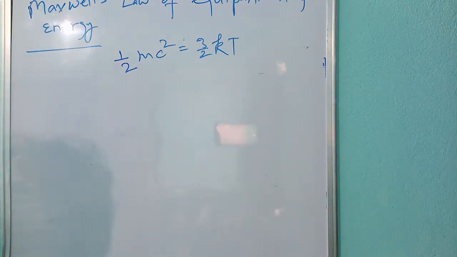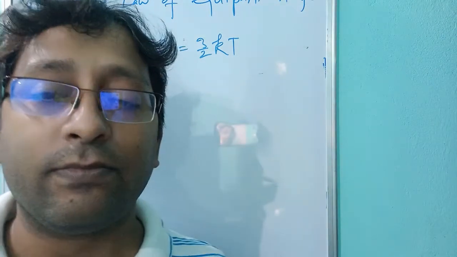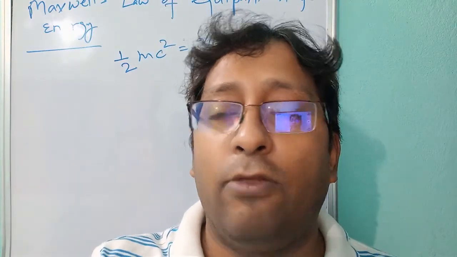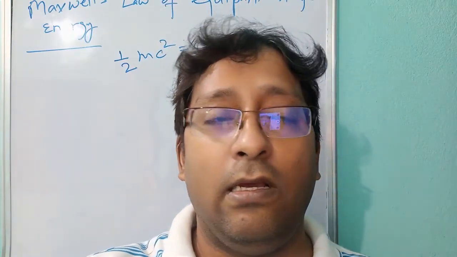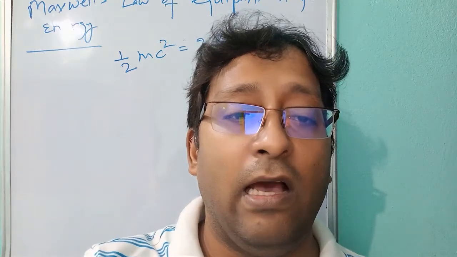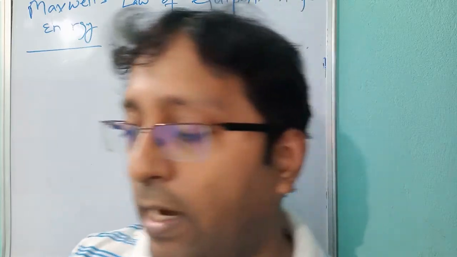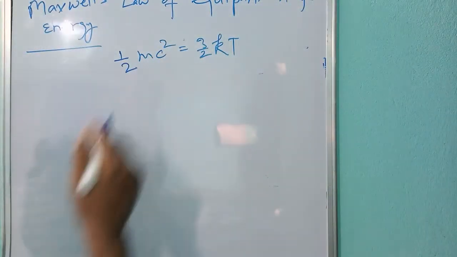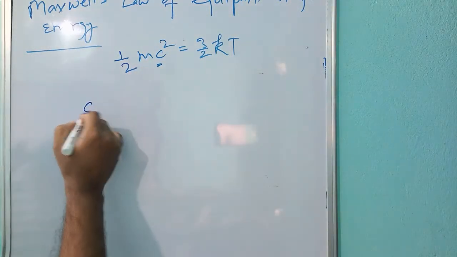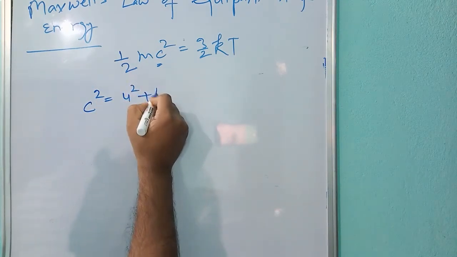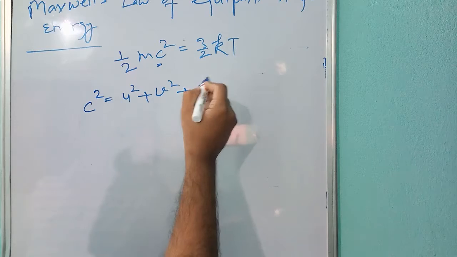So here x, y and z, in our case all are equivalent. The mean square velocity along the 3 axes will also be equal. So here this is the velocity, so c square will be equal to u square plus v square plus w square.